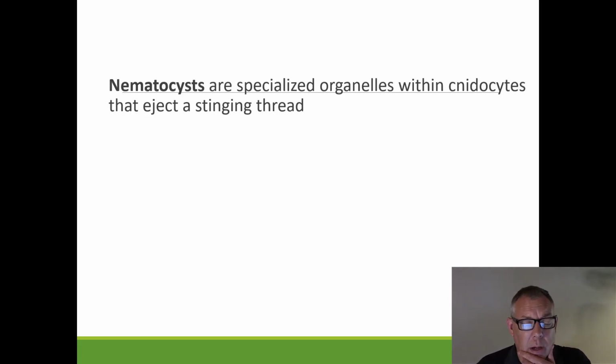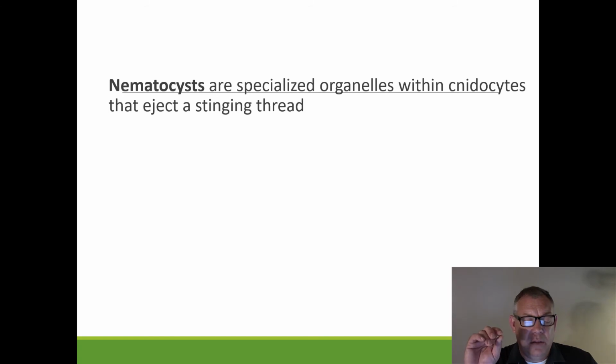The jellyfish are in a group of animals that have these specialized cells called nematocysts. What these are are specialized organelles in the cell, and they have these things called cnidocytes.